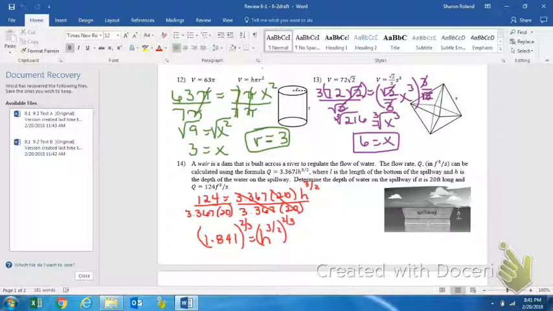So you have 1.841 to the exponent 2/3, and your height is 1.502, excuse me, and that's in feet.